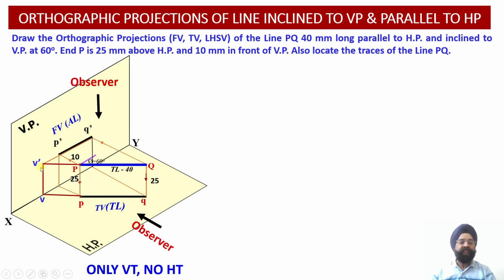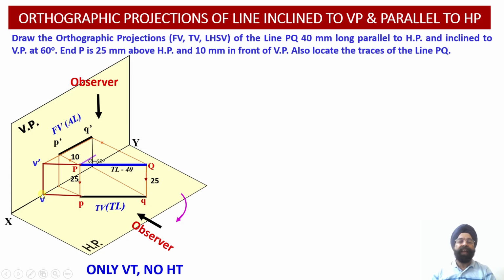So the distance between V dash and V provides us with the vertical trace of the line. And since we know that point P lies 25 millimeter above the horizontal plane, this distance will also be equal to 25 millimeter. So the vertical trace of the line will be equal to 25 millimeter in this case.